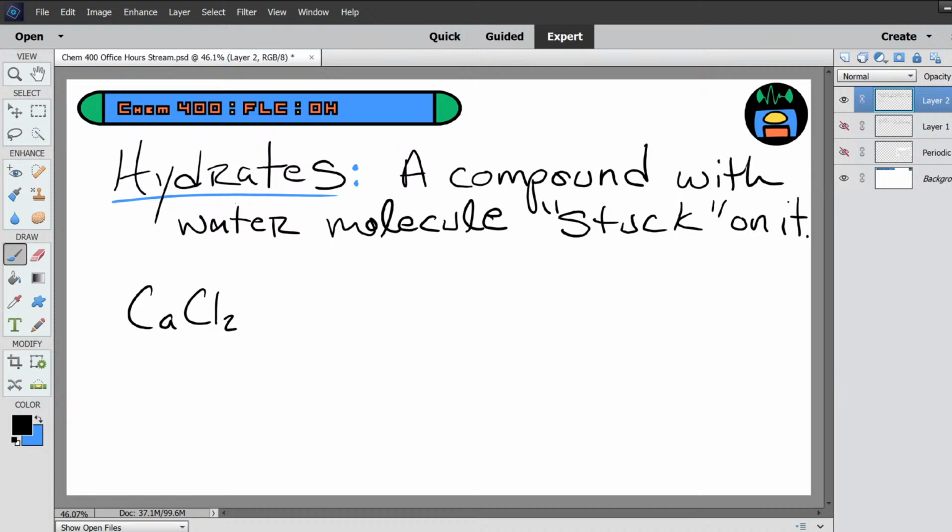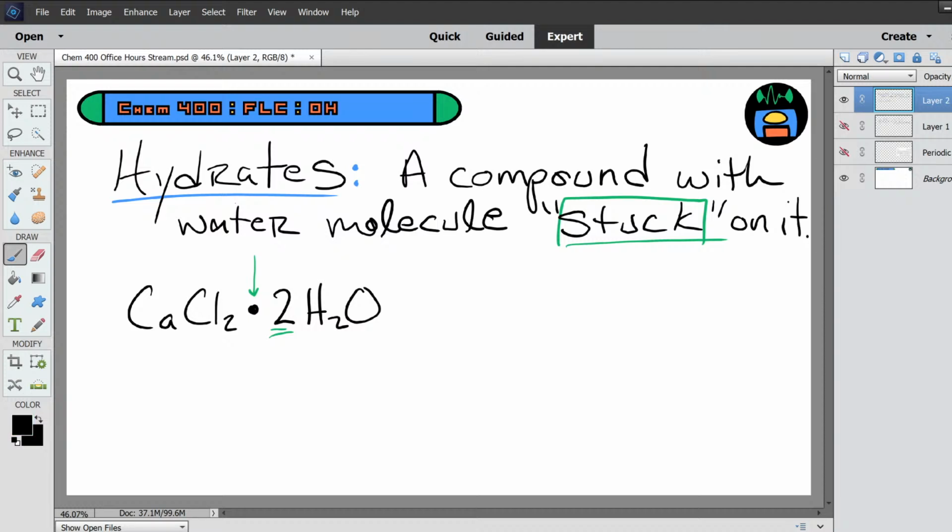So there are special storage conditions, because when it's left exposed to the atmosphere, two water molecules will attach to it. And the way you'd name this stuck part is signified right here by that green dot. And the number of water molecules that are stuck onto your hydrate is emphasized there.